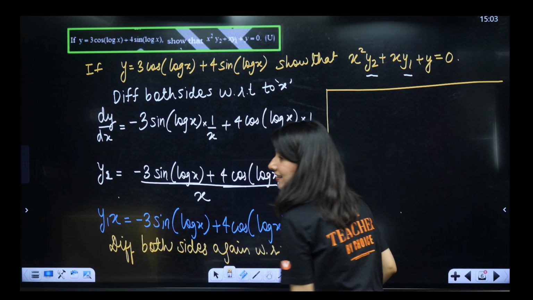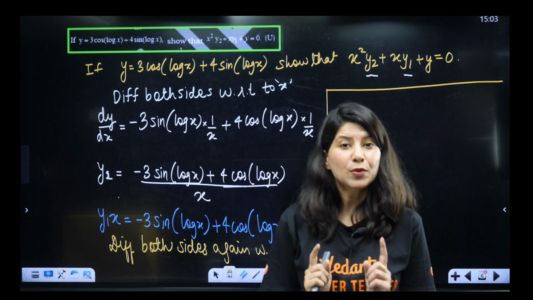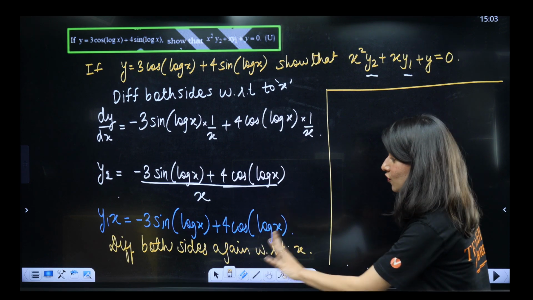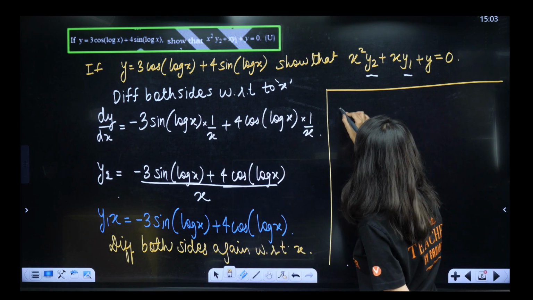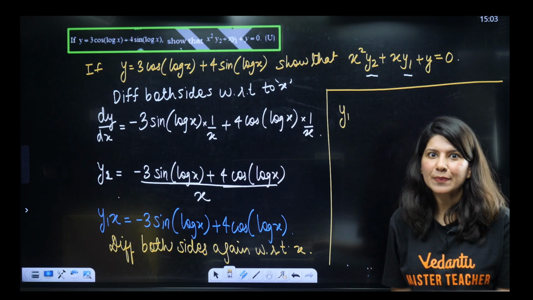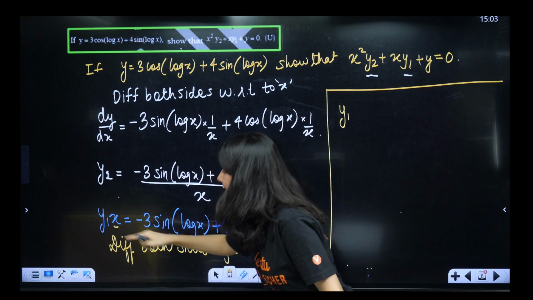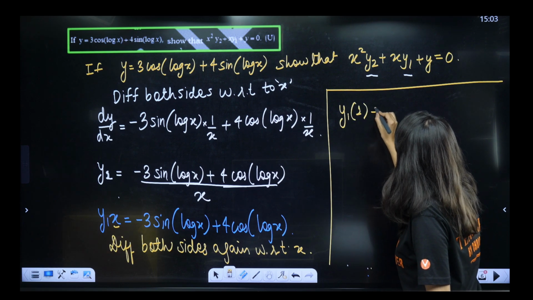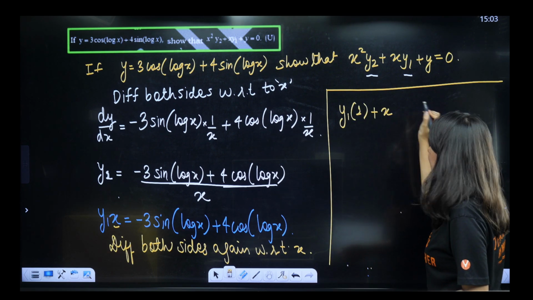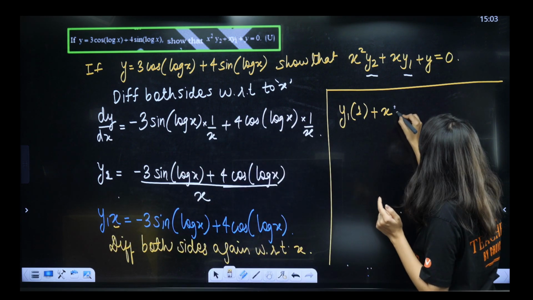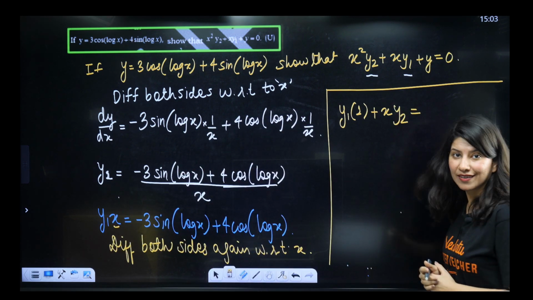Now y1 x, on the left hand side we have to apply the product rule. Now the product rule is not a big issue, the division rule is the issue. So y1 x, now y1 will be kept constant. This is how you apply the product rule. Derivative of this x, tell me, derivative of x is 1. Plus, this time x is kept constant and derivative of y1 will be y2, my dear students.